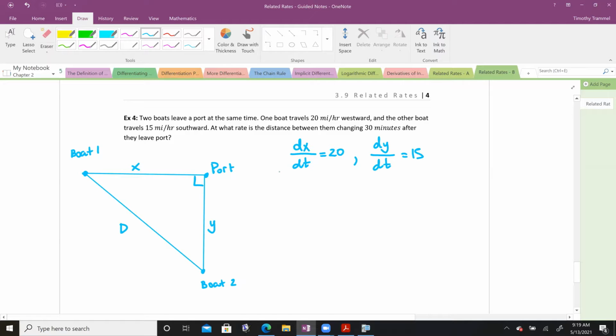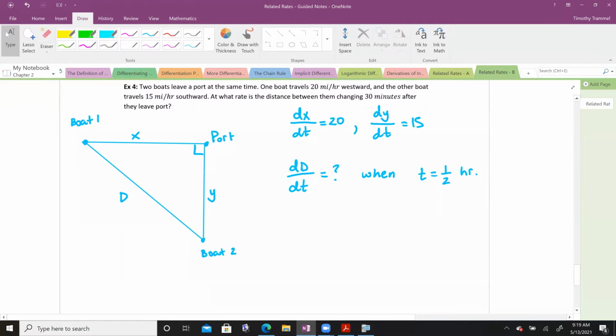All right. And we're actually told to find the rate at which that distance is changing when 30 minutes have passed. Notice that we're measuring time in hours here, so instead of 30 minutes, I'm going to just say a half hour. And we actually have pretty much the setup complete.